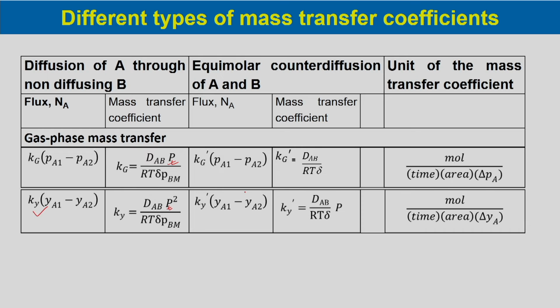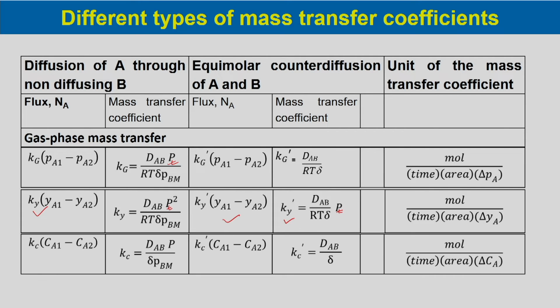And in case of equimolar counter diffusion, flux Na would be Ky dash into Ya1 minus Ya2, and in this case the mass transfer coefficient Ky dash is DAB Pt by RT delta. In this case, the unit of mass transfer coefficient would be mole per unit time per unit area per mole fraction difference.